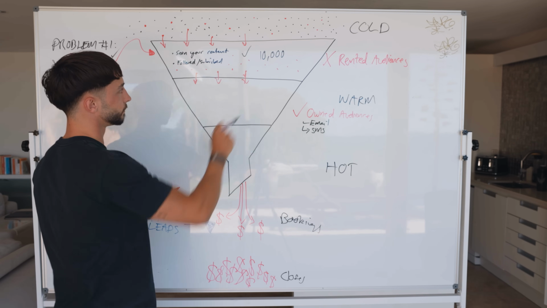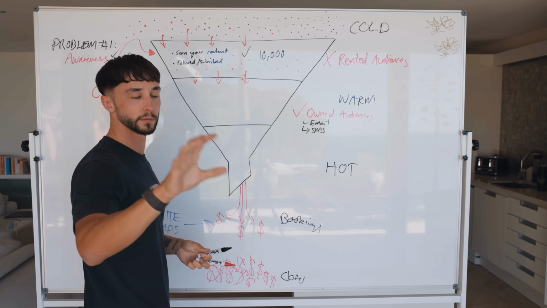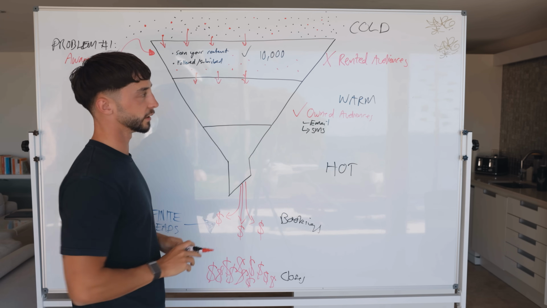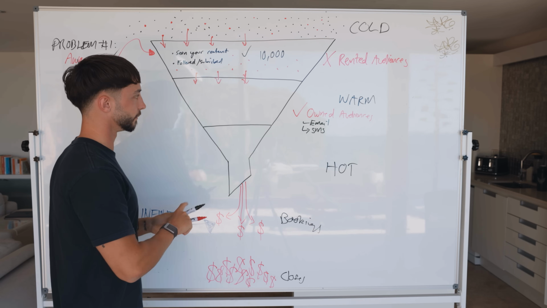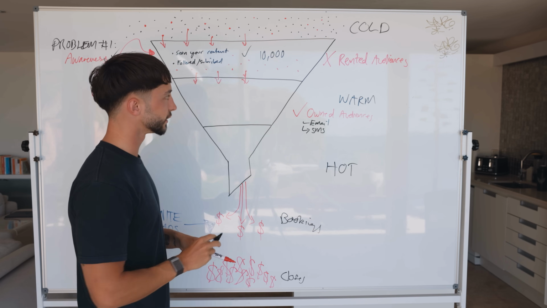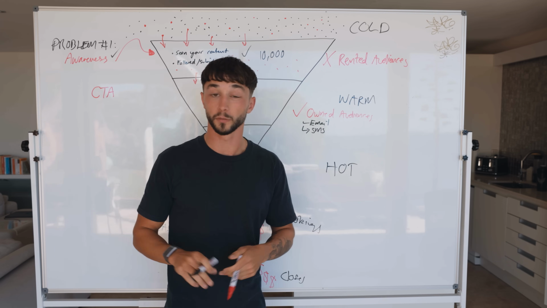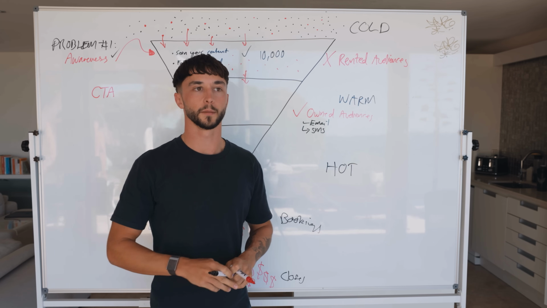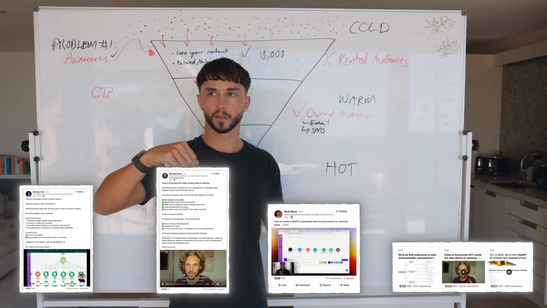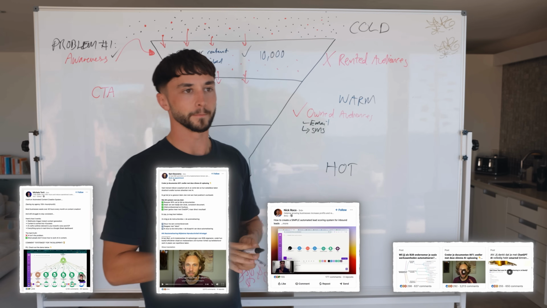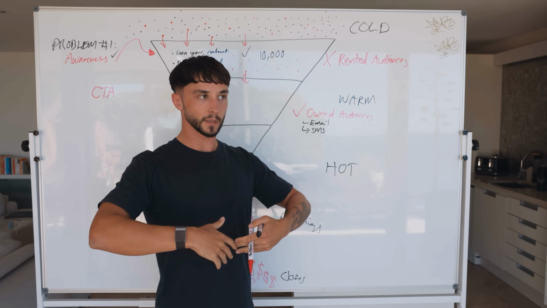So the way you do this, and I'm even going to show you how to do it with this video, because I'm going to attach the free resource with this for you guys to build out your own organic content funnel like this. But you need some kind of value or CTA. A lot of the people in my accelerator are doing very, very well on LinkedIn. I'll try to put a couple of their LinkedIn profiles down there if I can find some good ones. Basically, they're doing content that is getting people to engage with it.